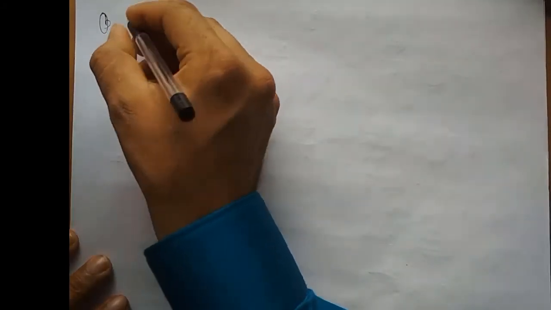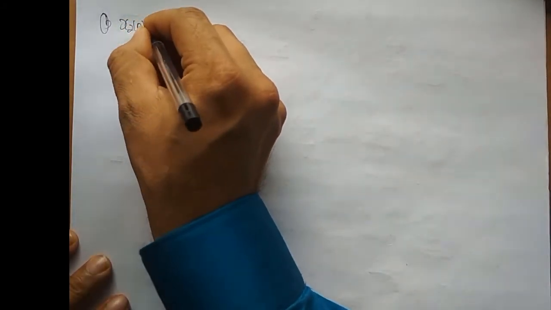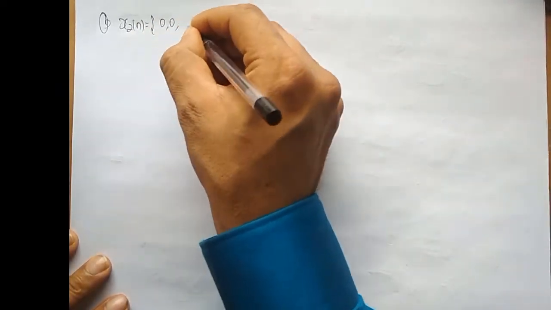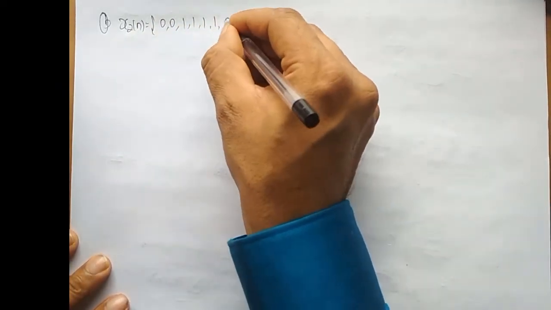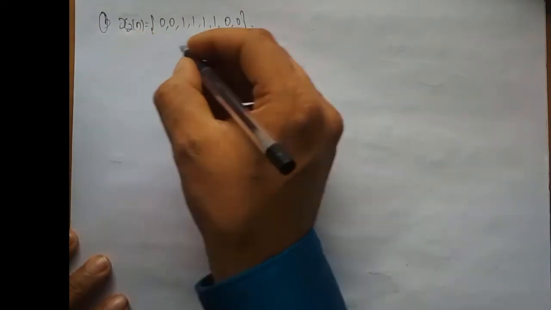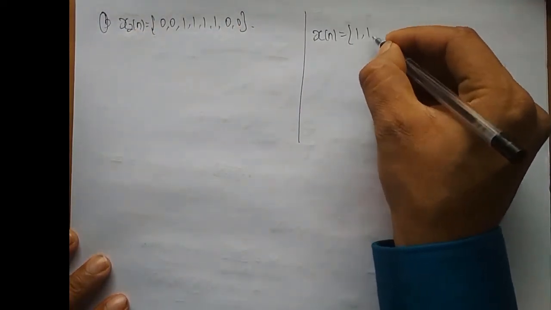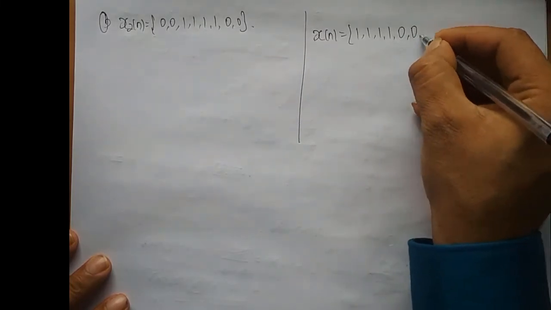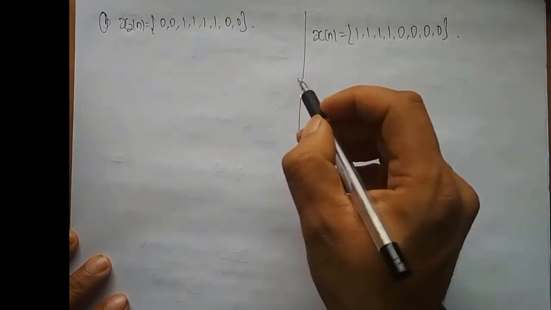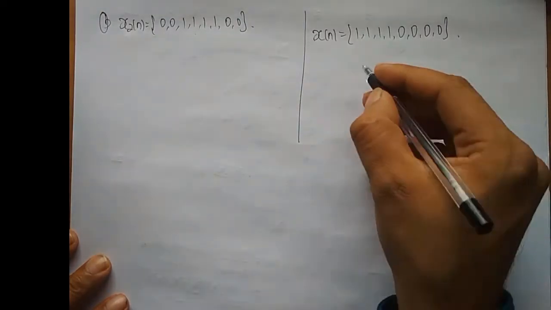So now, x2 of n is equal to what? 0 0 1 1 1 1 0 0, right? So fine. But what is x of n? X of n is 1 1 1 1 0 0 0 0, right? So what is the relationship between these two sequences?